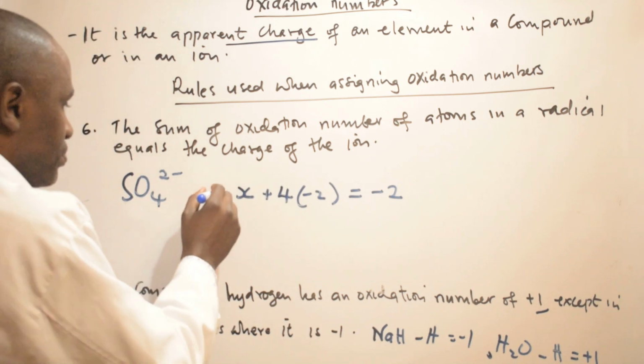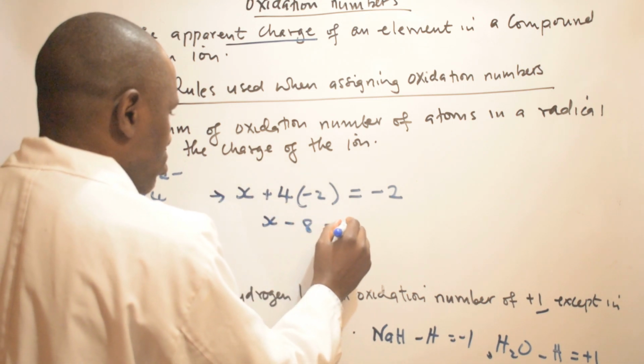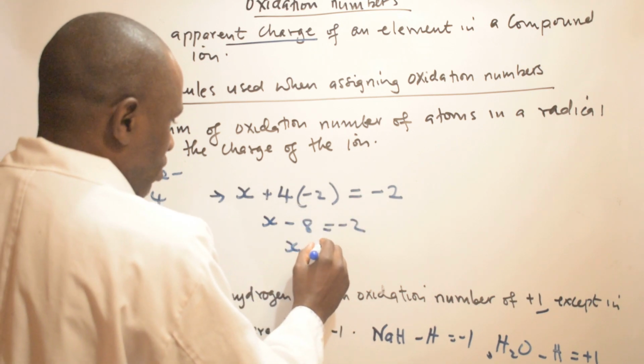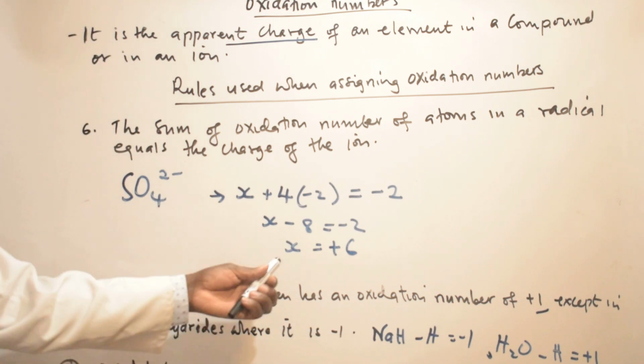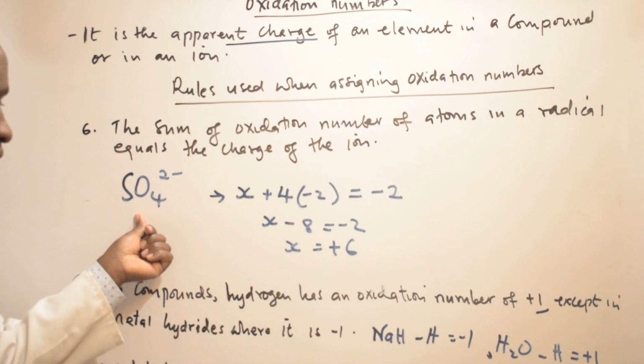That means X - 8 = -2, and taking -8 to the other side, you're going to have +6. That will be the oxidation number of sulfur in the sulfate.